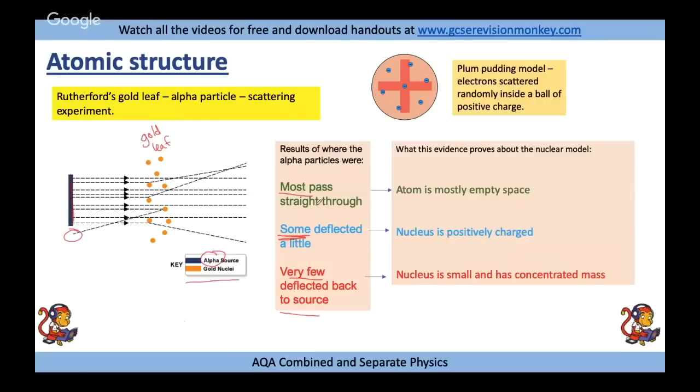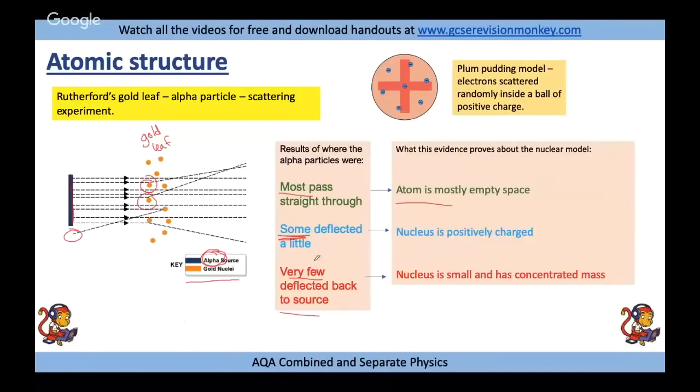So the fact that most pass straight through can only be explained because our new model of the atom says it's mostly empty space. Some deflected just a little bit, and that's because we're firing positive alpha particles at a positively charged nucleus. And when they get close, they will deflect a little bit.